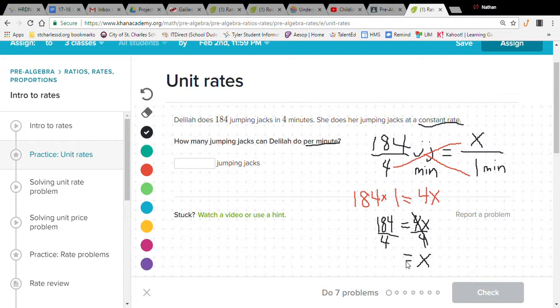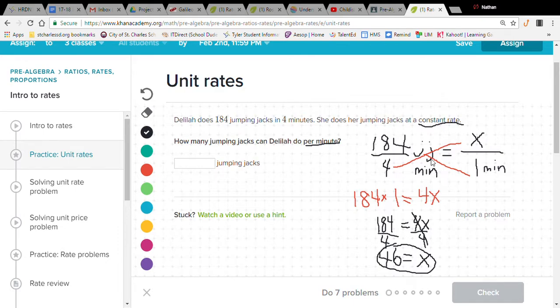X is equal to 184 divided by 4, which is 46. X equals 46. So the answer to how many jumping jacks can Delia do in 1 minute is 46.